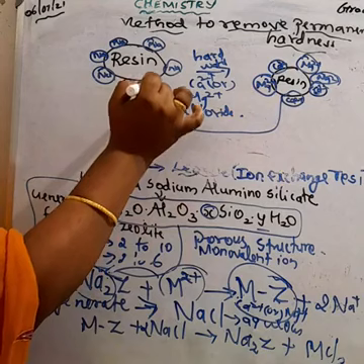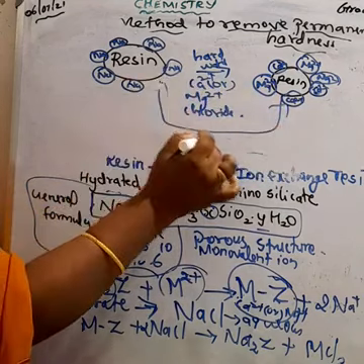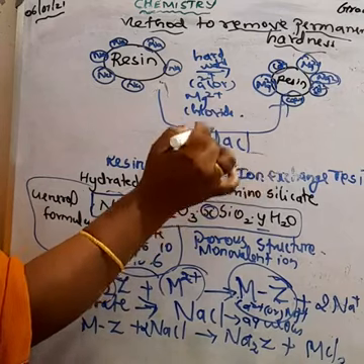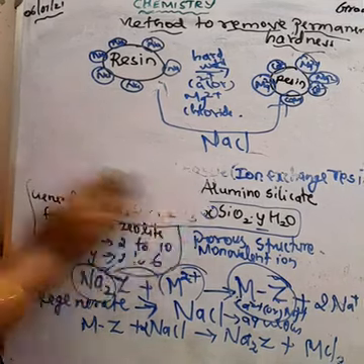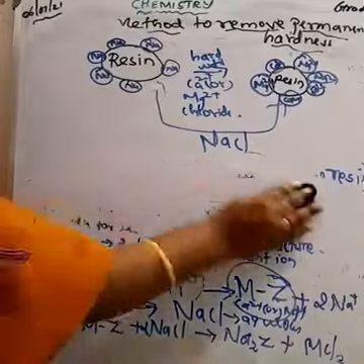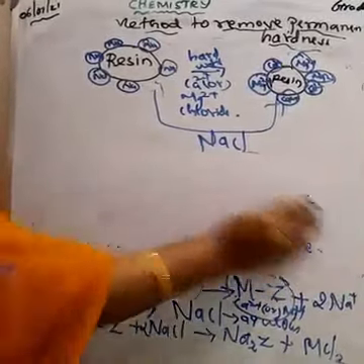When we add sodium chloride to the zeolite containing the metal ion, we can regenerate the zeolite bed again. We can remove the calcium or magnesium salt from the zeolite, replaced by the sodium atom. The resin can be regenerated.